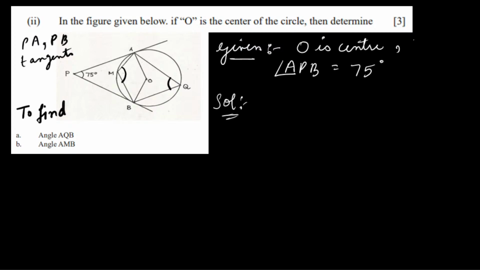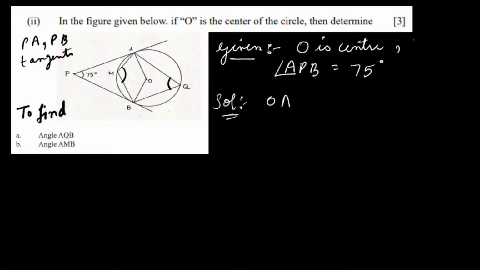OA is equal to OB. A radius is perpendicular to a tangent. So we can start from here.